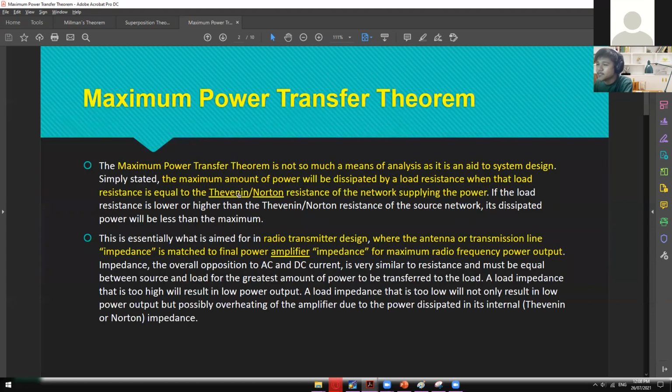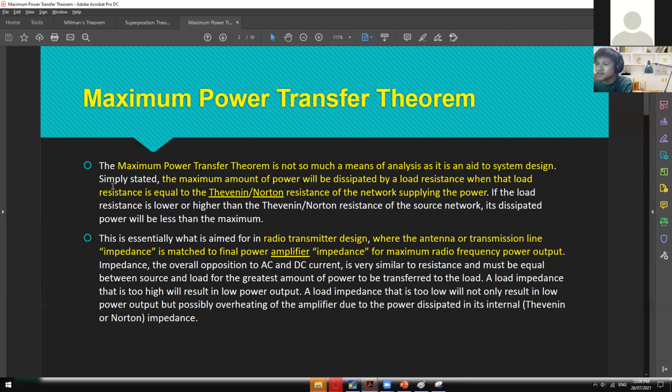But anyway, let me just read this one. The maximum power transfer theorem is not so much a means of analysis as it is an aid to system design. This is not another theorem wherein we can solve for individual resistances or individual currents, but this is just an aid to a certain theorem already, which is the Thevenin or Norton theorem.